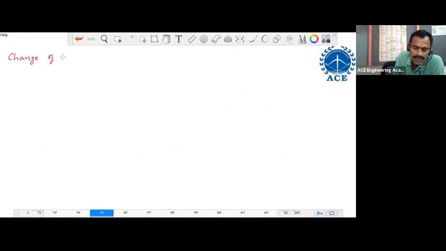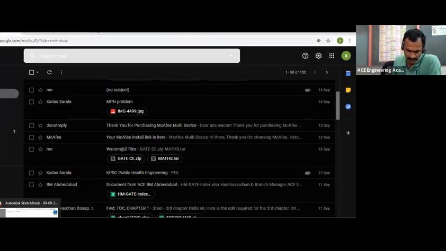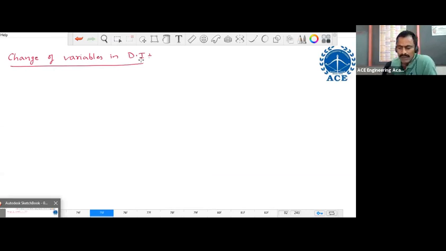Next, change of variables in double integral. Using change of variables in the double integral, we can convert one coordinate system to another coordinate system only.